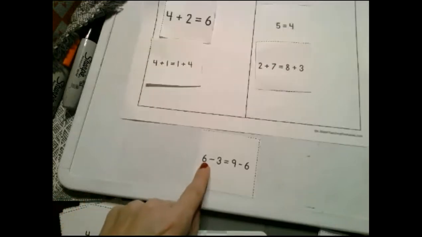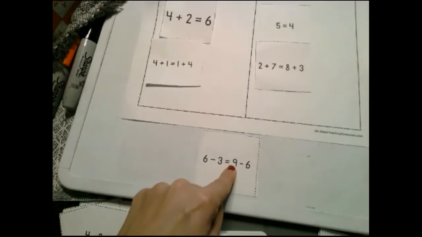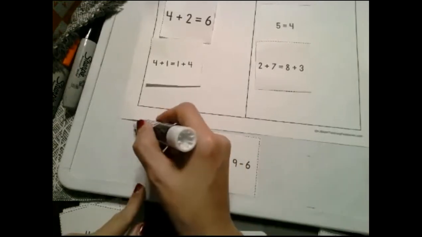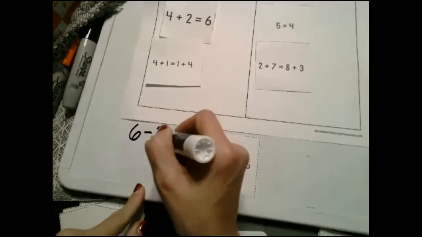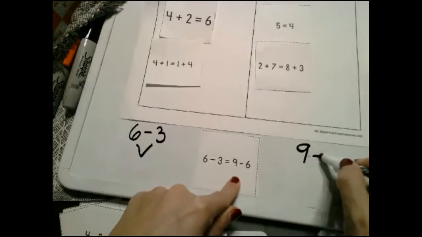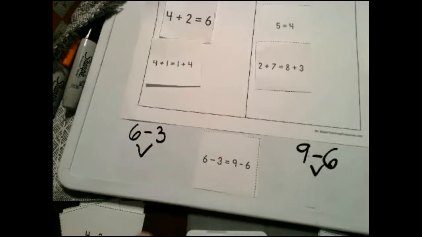Our next one is 6 minus 3 equals 9 minus 6. So remember, you need to solve what is 6 minus 3 first, and then solve what is 9 minus 6. Go ahead and solve both of those and then hit play when you're ready.